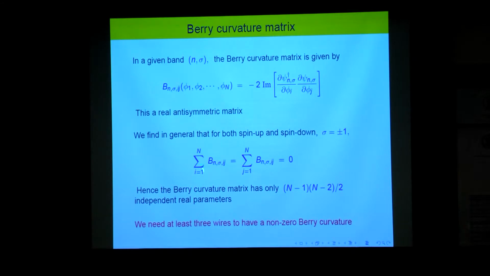Therefore, if you have a capital N number of wires, this Berry curvature matrix has only so many independent real parameters. And now you can see that you need at least 3 wires to have a non-zero Berry curvature. If you have 2 wires, you don't have a Berry curvature, and none of these effects that I'm going to tell you about show up in 2 wire systems. So you need at least 3 wires.